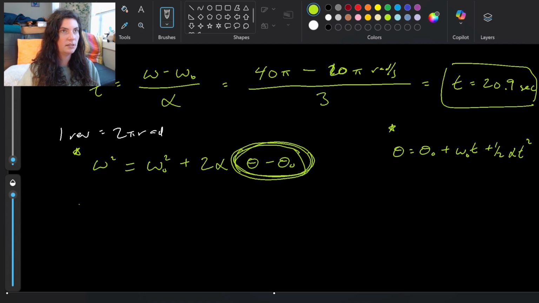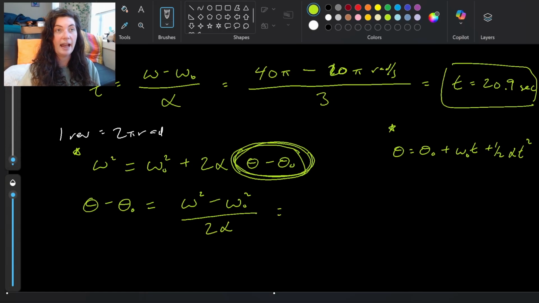So if I rearrange this to solve for theta minus theta naught, this change in radians, where I'm going to assume my initial position is just 0, I'm going to get omega squared minus omega naught squared all over 2 times alpha. And again, I have all of those values.